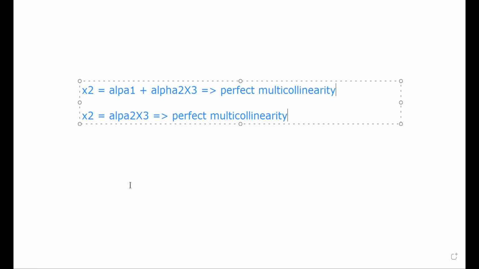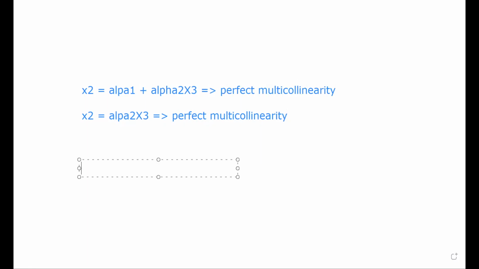Another example, for imperfect multicollinearity: here we have X2 equal to alpha 2 times X3 plus a residual.